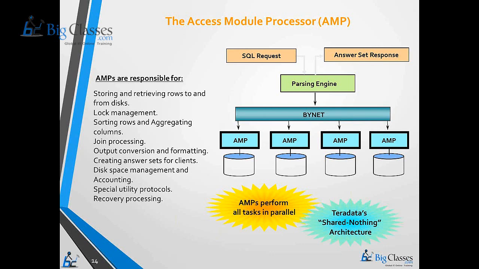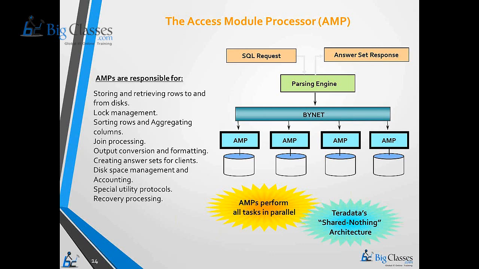They don't need to share with the other AMPs. That's why the performance of the database will be very high with this type of architecture. Because if you invoke multiple processes at the same time to retrieve the data, obviously the performance improves. That is the advantage of AMPs working in parallel.